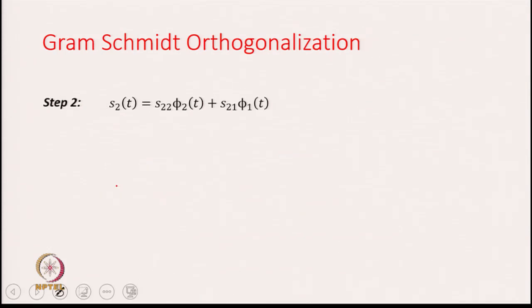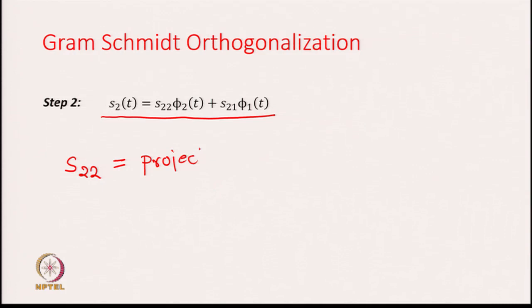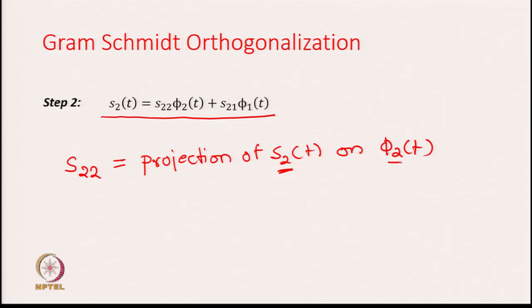Let us move on and try to obtain phi2(t). But before finding phi2(t), let us understand this expression. What is the meaning of these terms S22 and S21? S22 is the projection of S2(t) on phi2(t). So, S2(t) on phi2(t) explains these numbers, 2 2.